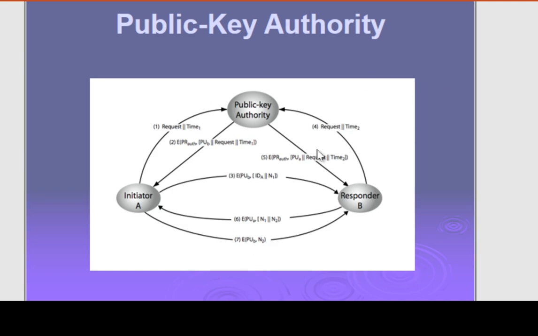In this way the public keys are shared in the network. In this way the public key authority sends public keys to each participant. This is the safest way of distributing the keys, but it seems complicated because every time you need to acknowledge each and everything.